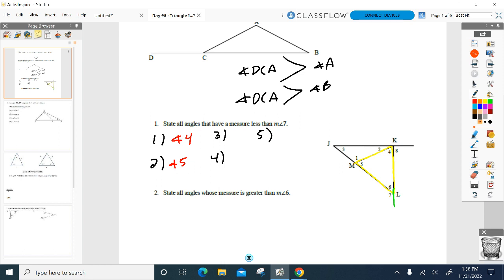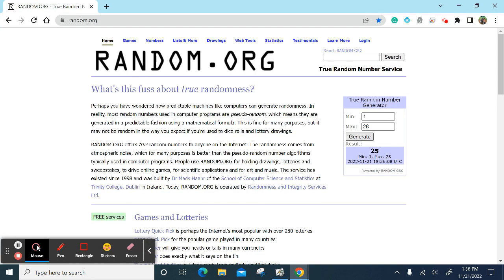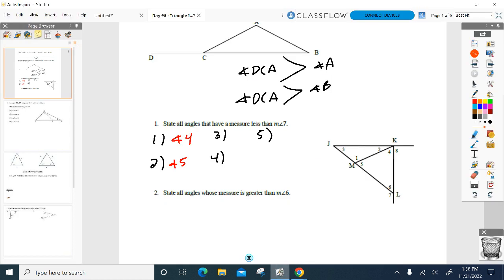All right, you told me before I let you go there were 2 triangles where 7 was an exterior angle. What's the other triangle? JKL. The big one, right here. If 7 is the exterior for that triangle, what are the two remote interiors to 7?